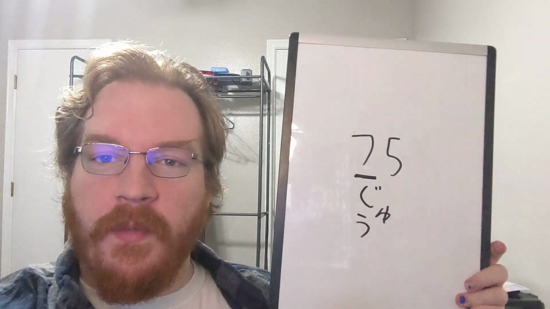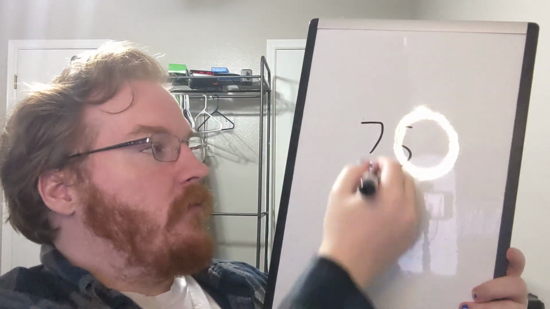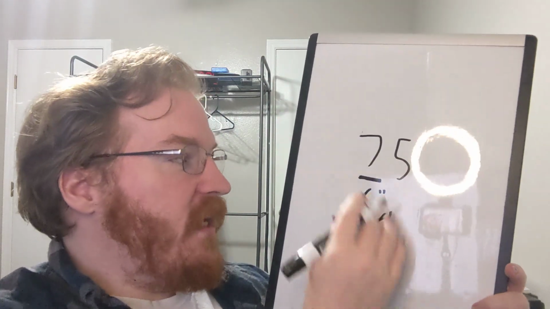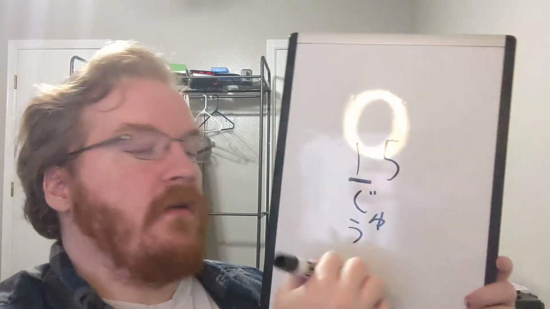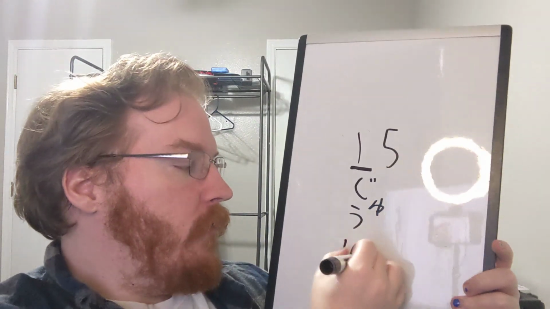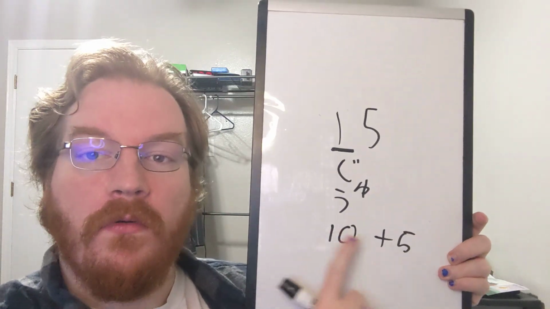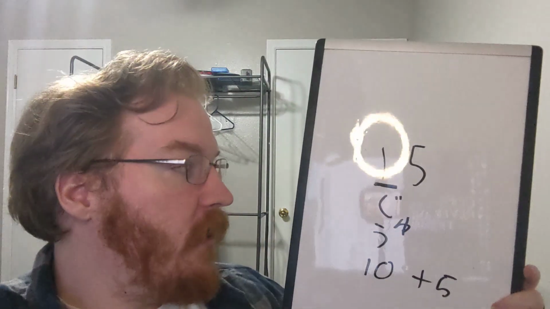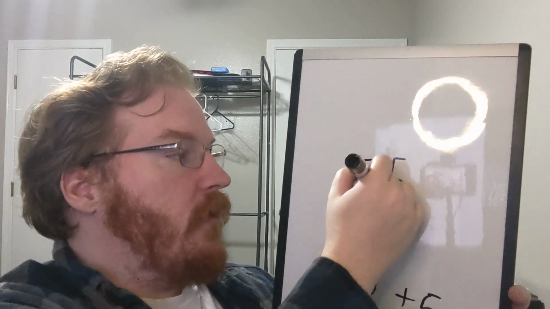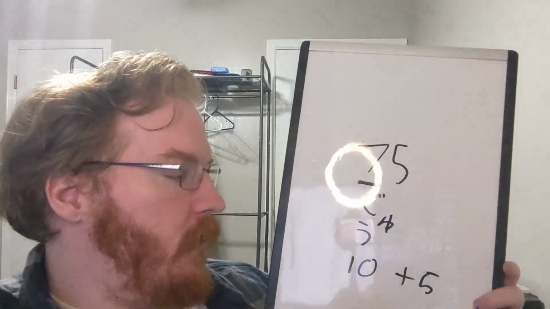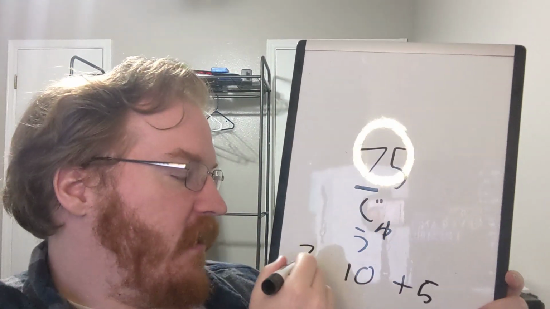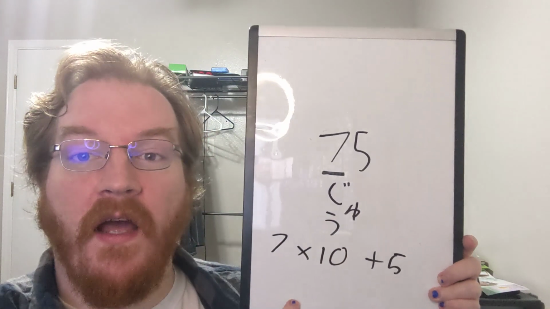So a couple ways people think about this is, well, when we're in the teens, as I said before, 15, which is just ju go, you can just think of that as 10 plus 5. Ju go. 10 and 5. But as we saw earlier, 75, you could think of that as 7 times 10 plus 5.